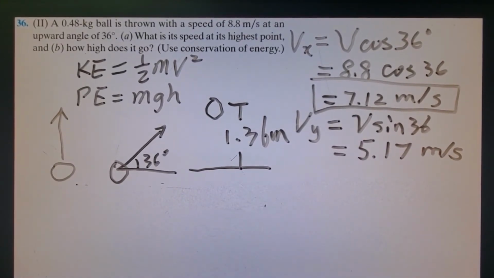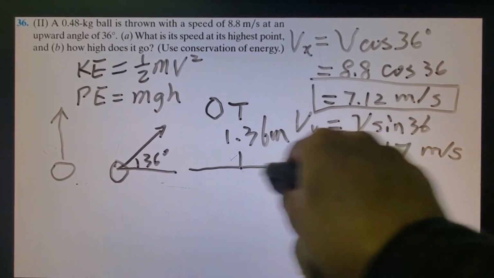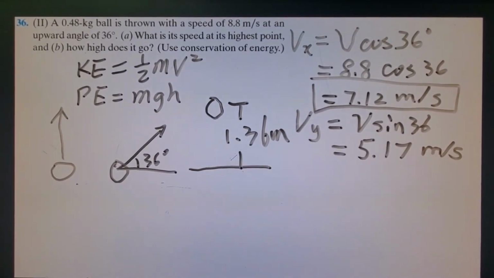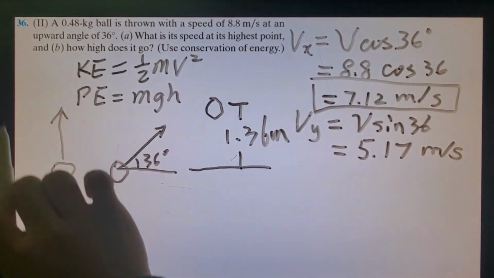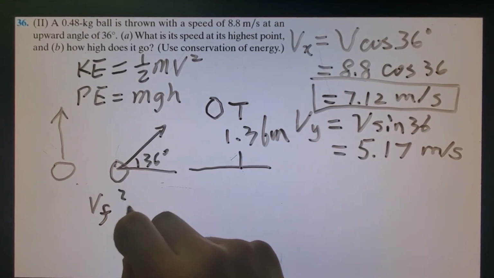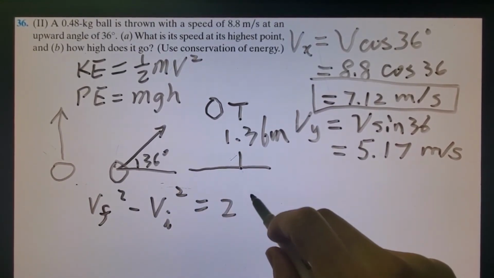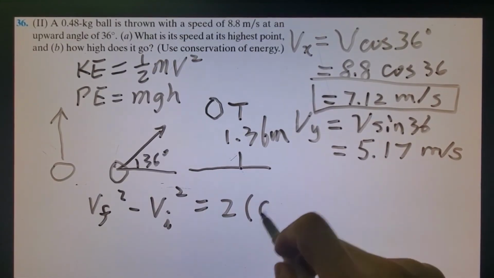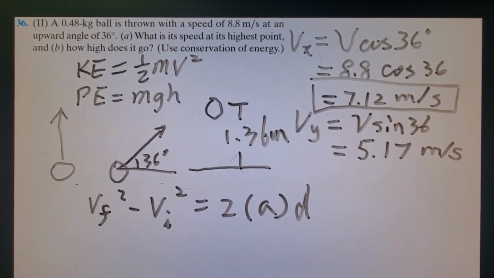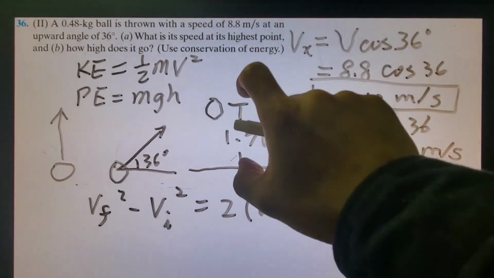At the beginning of this course, we learned that if you know the acceleration, one of the master formulas is v final squared minus v initial squared equals 2 times a times d. This d is the same as our h here.